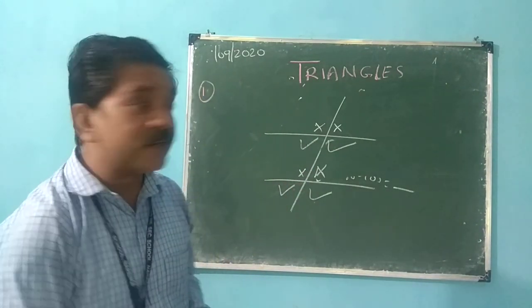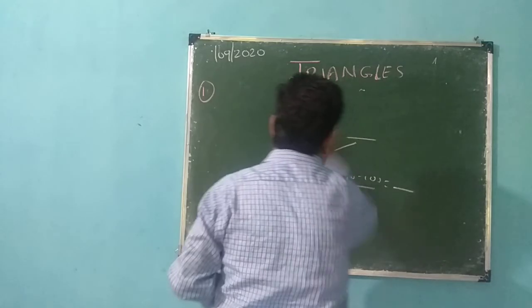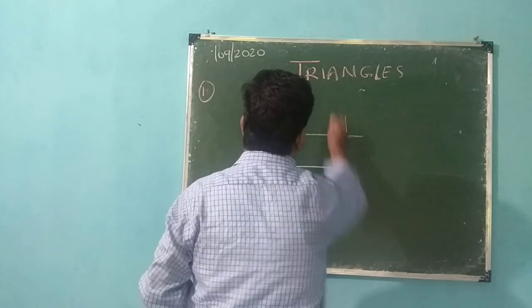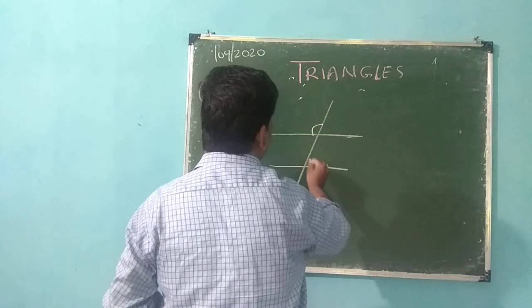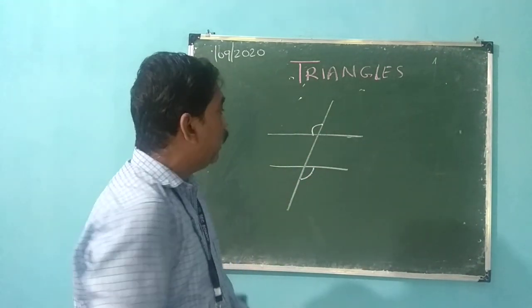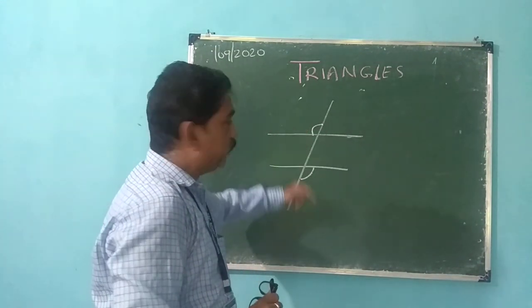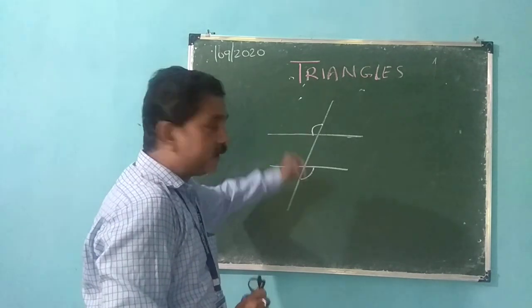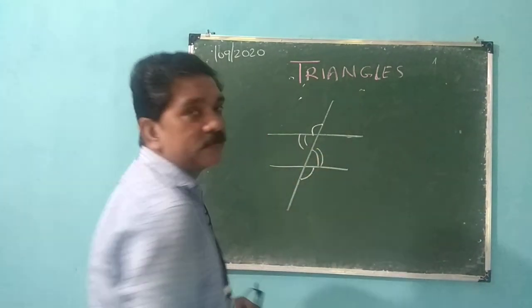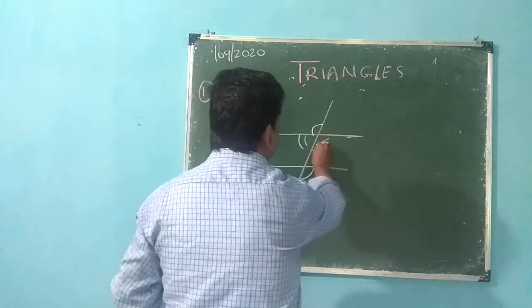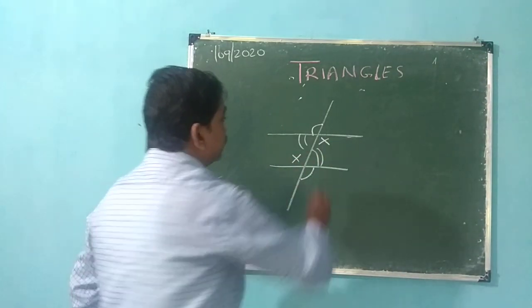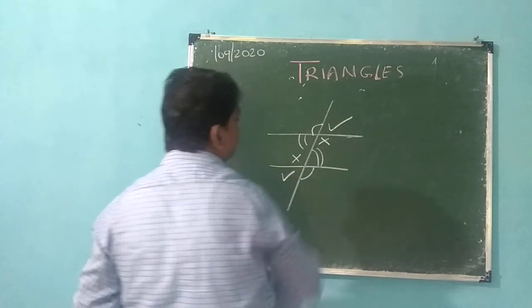After that comes alternate angles. This angle equal to this is called alternate angles. If the lines are parallel, then only they are equal. Otherwise, they are simply alternate angles. Similarly, these angles are alternate angles.